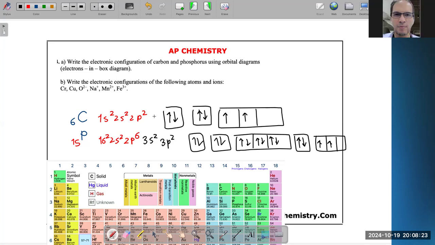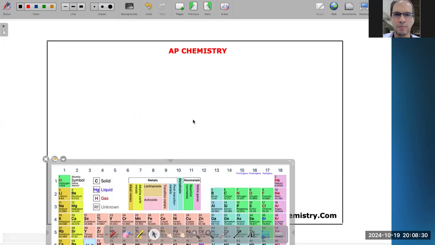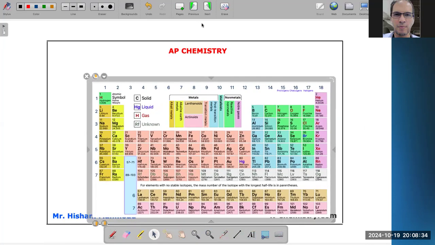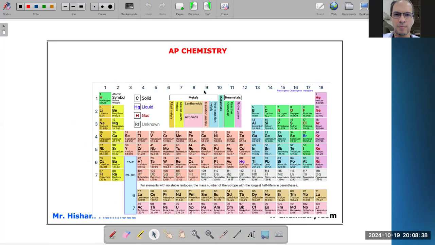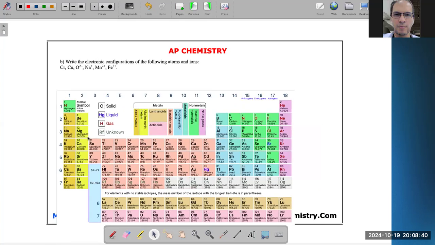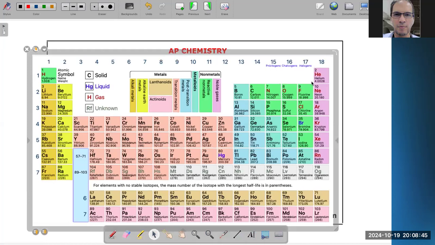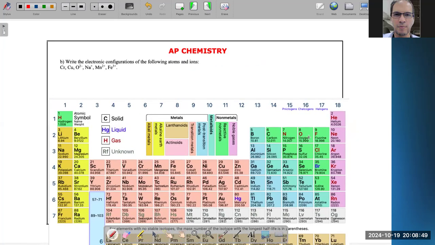Okay, we want to do the electronic configuration, Yazid, of chromium. Let's remember that chromium was an exception. So what is chromium? It is here.